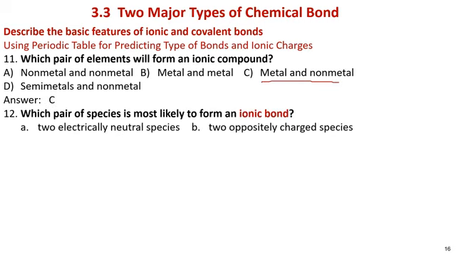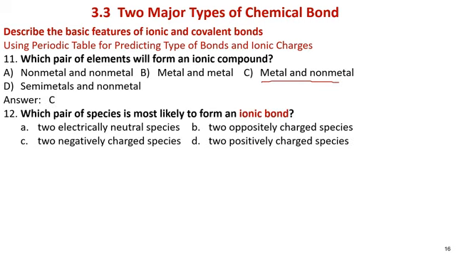Metal and metal is not an ionic bond, it's a metallic bond. Non-metal and non-metal is a covalent bond. Semi-metals are similar to non-metals. Therefore, an ionic compound is formed between metal and non-metal. C is the correct answer.